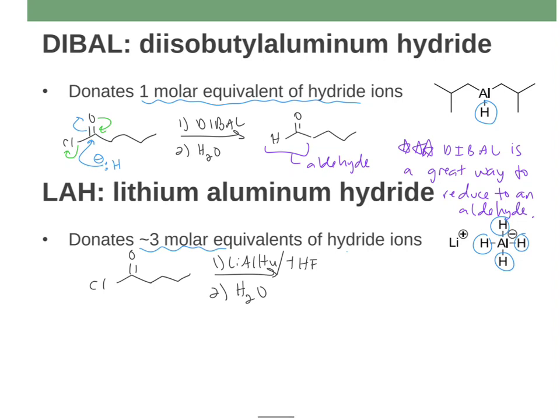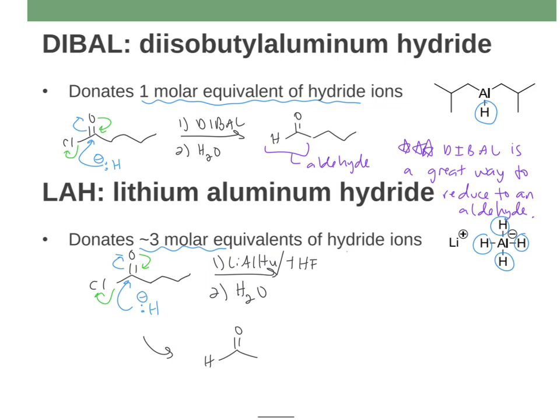The idea here is that your LAH is going to donate the hydride, that's true, and you do the same addition elimination. Again, I'll do the better mechanisms later. You're going to do the same addition elimination step so that you form an aldehyde.